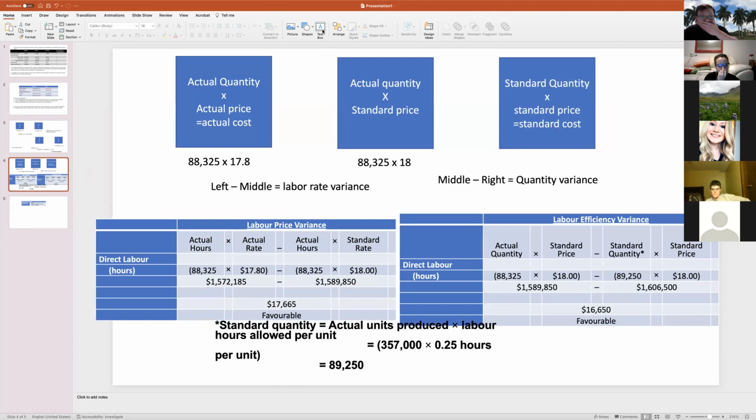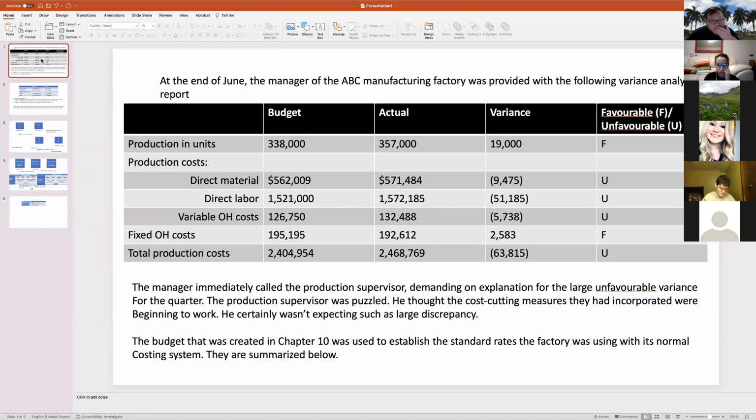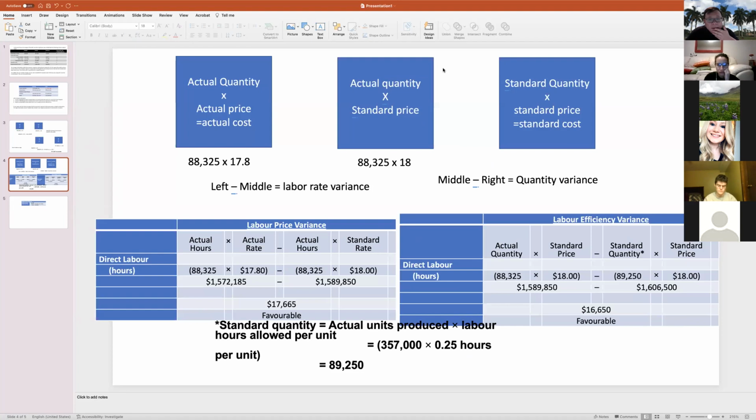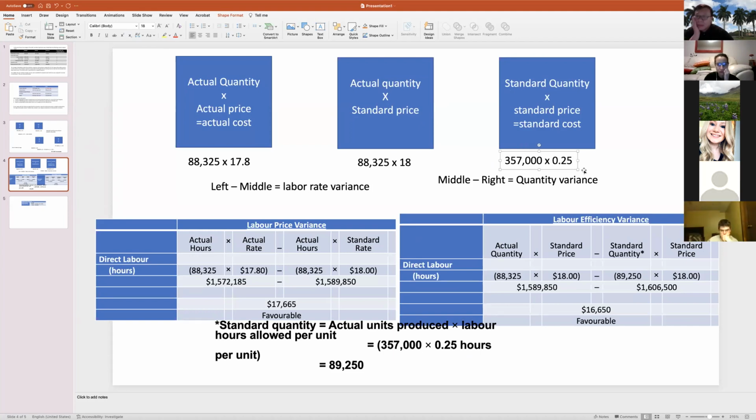So here is going to be 357,000, each unit is going to take 0.25 hours, this is how much the hours, and then times 18.